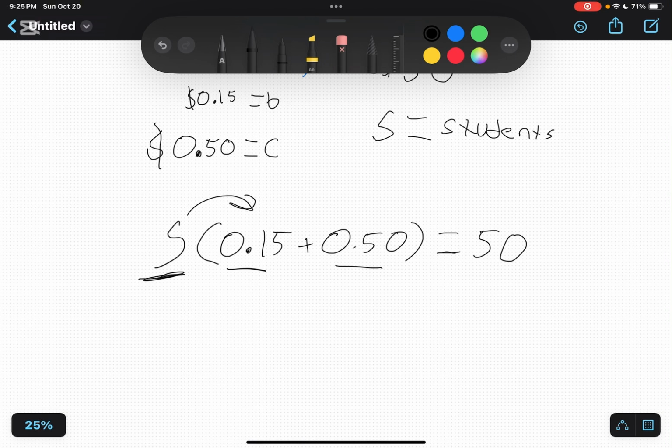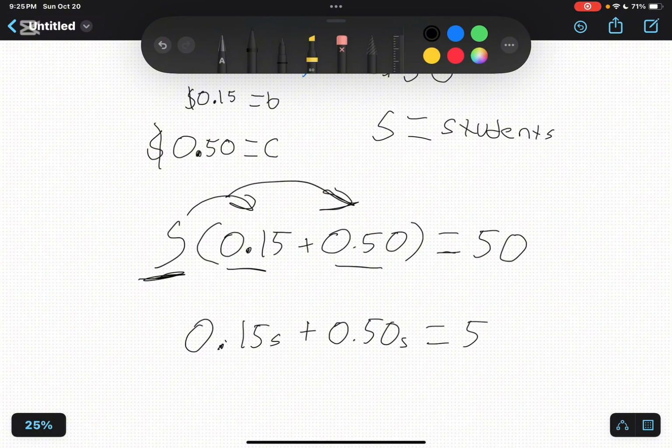So it would multiply and affect this one and this one. So what that looks like is 0.15 S plus 0.50 S equals 50.